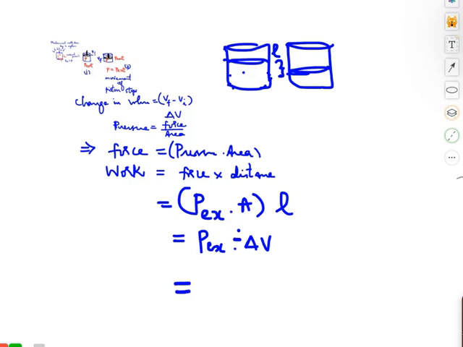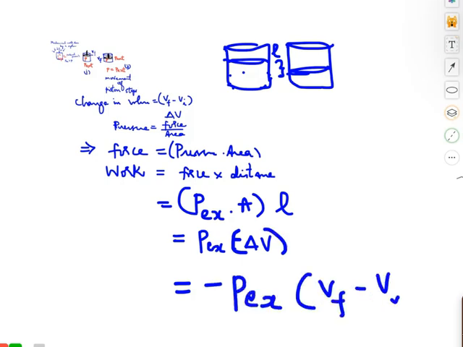If there is a negative sign, what does it indicate? Work is done by the system. Yes, when work is done by the system, it is negative.